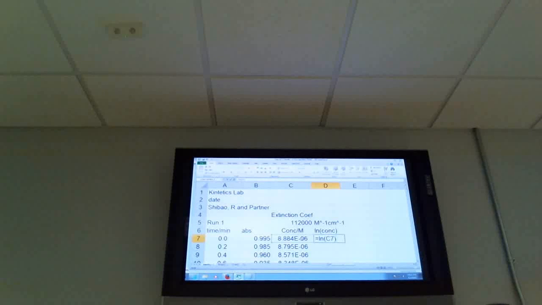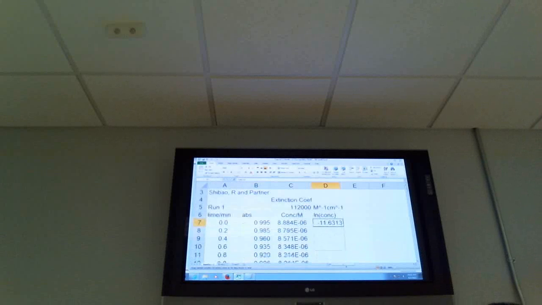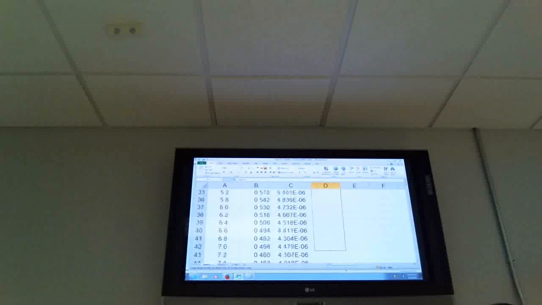And then enter. So we get the natural log of the concentrations, and then just copy and paste the formula for your data here.